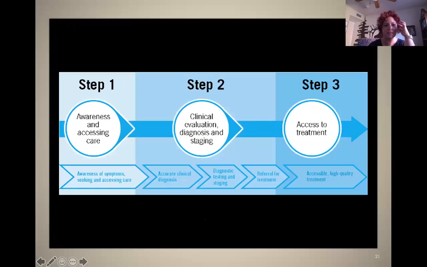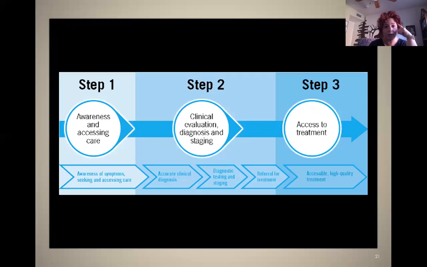And I liked this little one that was like step 1, step 2, step 3. So step 1 is awareness and having access to care, right? That's a big one. So awareness of symptoms, seeking and assessing care. And one of these simple things that we can do, right, is a breast exam as women.